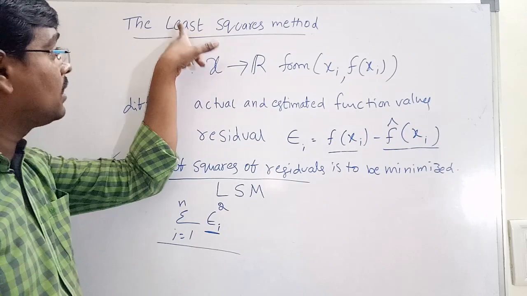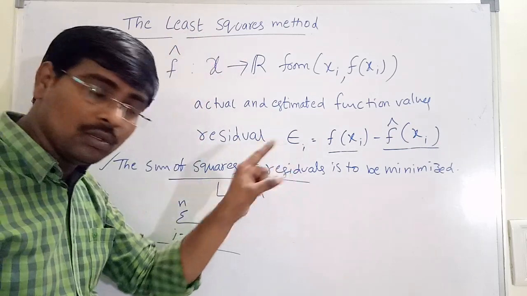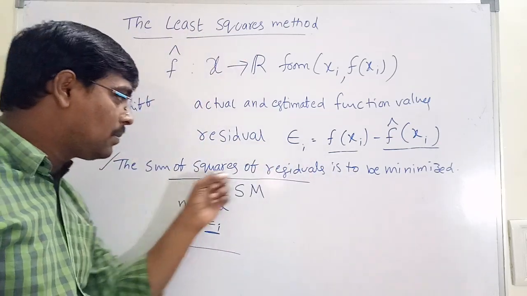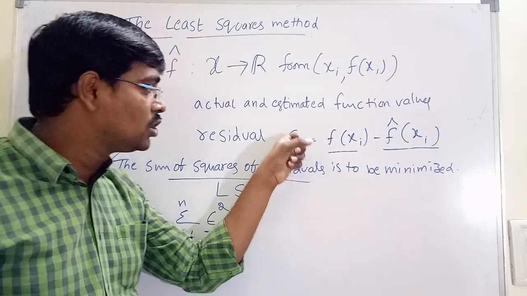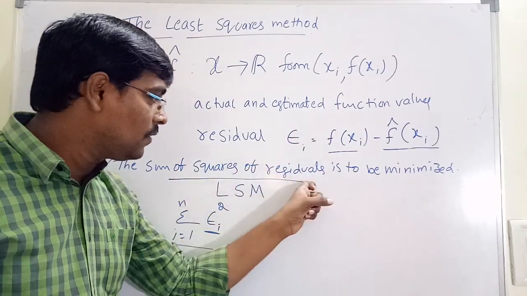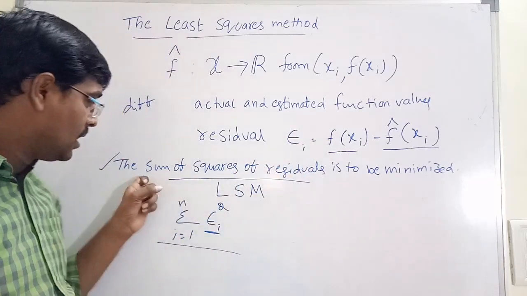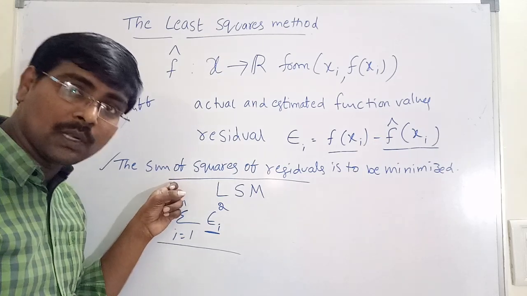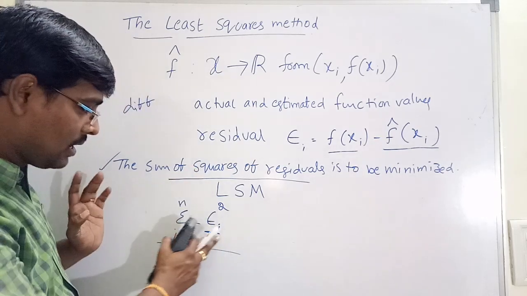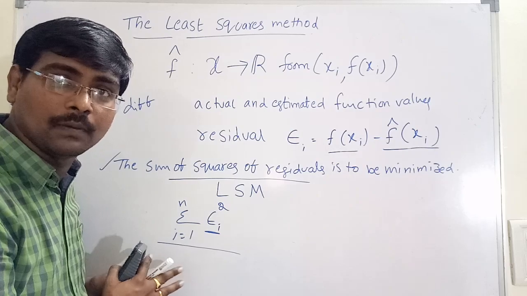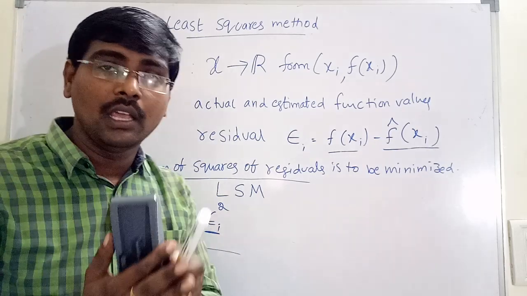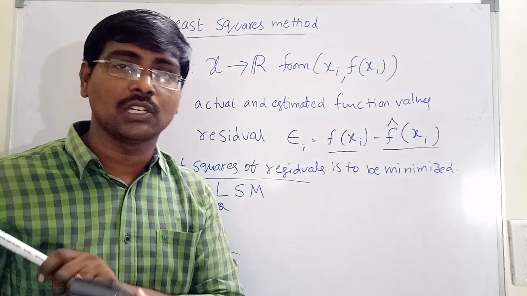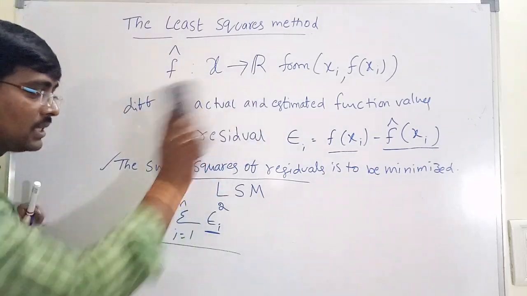The method is to minimize the sum of squares of residuals. Residual is epsilon i, squares of residuals is epsilon i square, summed over all n terms. Suppose you have n examples, all n examples are to be minimized. Now consider a univariate linear regression problem.